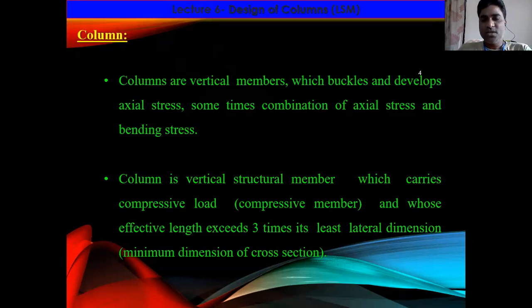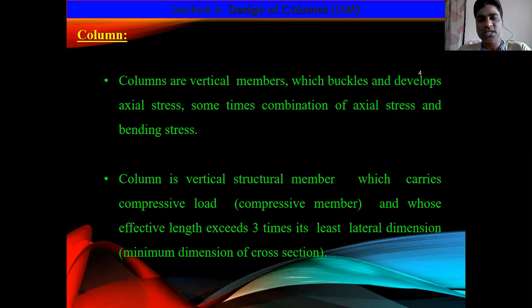If we start from the bottom, the first one is footings. Next come columns, plinth beam or basement, columns, beams, and slabs. This is the construction process. First, we have to construct the foundation, then columns, plinth beam, next beams and slabs.